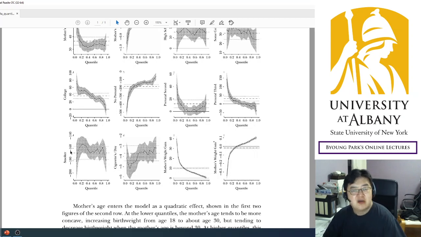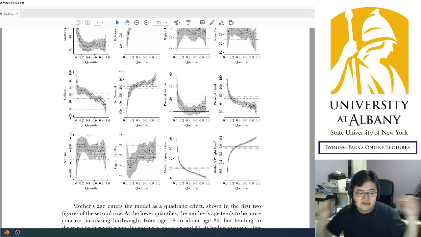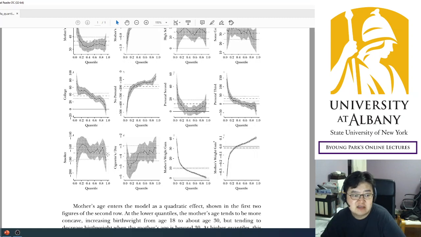So if the mother smokes, the baby's birth weight is on average 170 grams lower than a non-smoker's baby. The flat vertical line captures the mean regression result, so it captures the average effect.